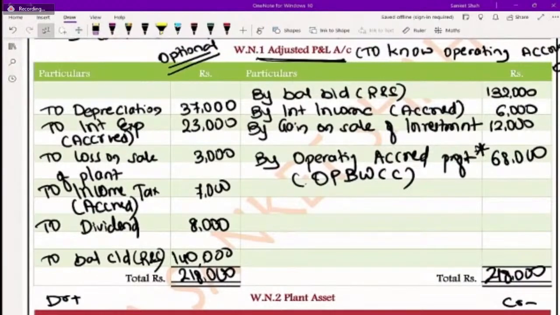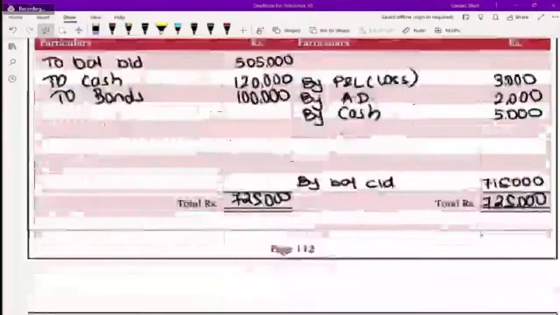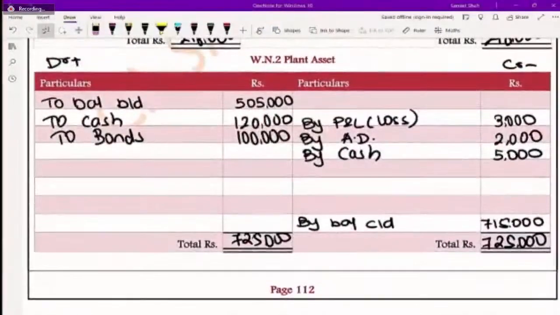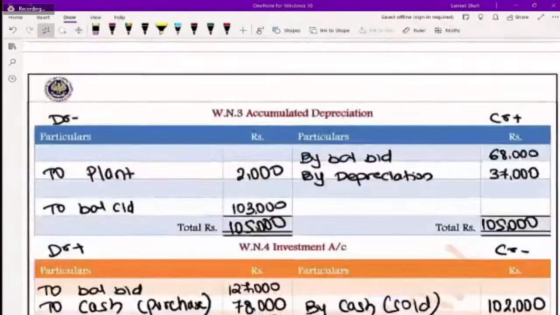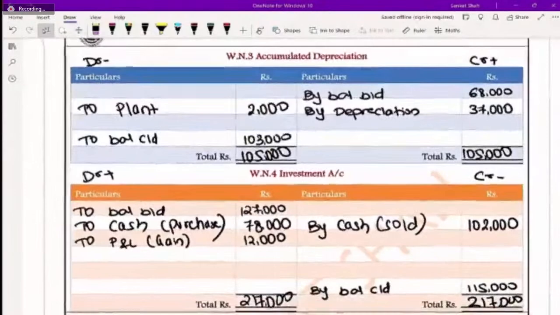Please share these screenshots on the Telegram channel. Adjusted P&L is optional. Plant account, then you have AD and investment.